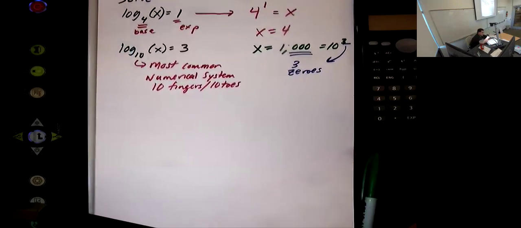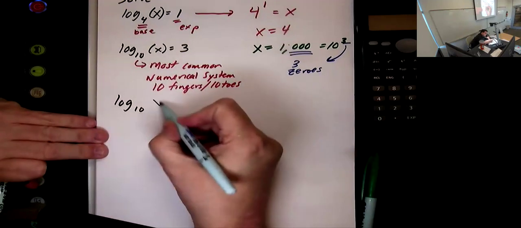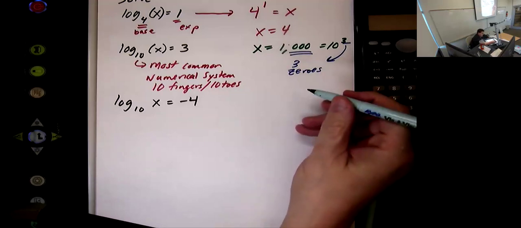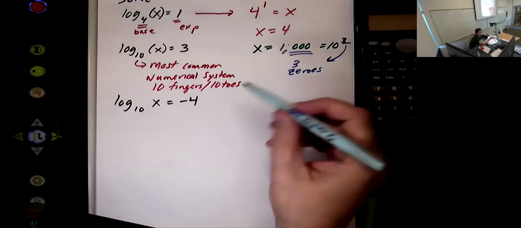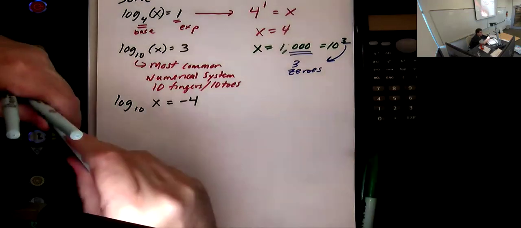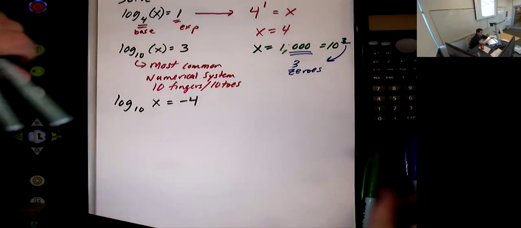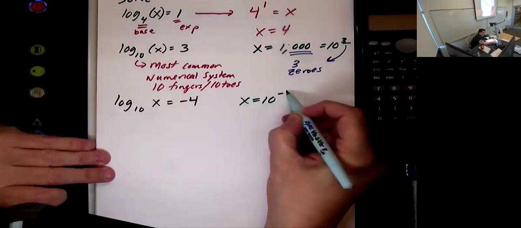Which makes me want to cover the negative version. So I get x equals 10 to the negative 4.